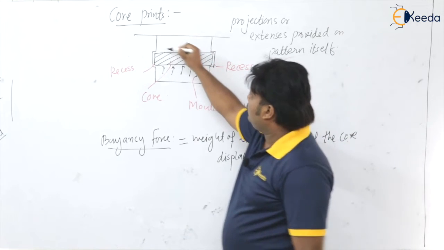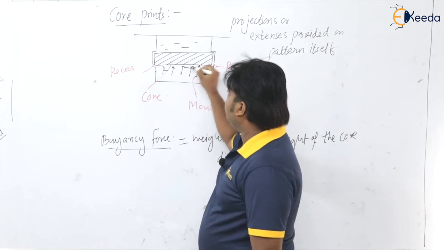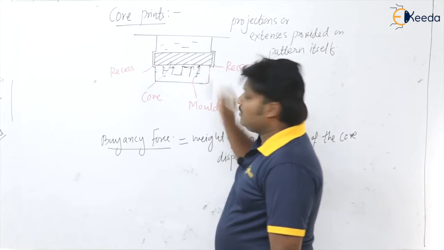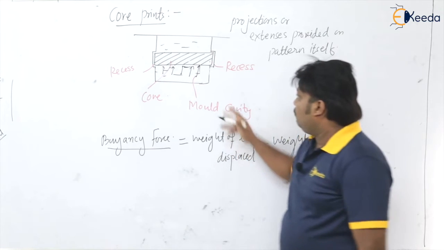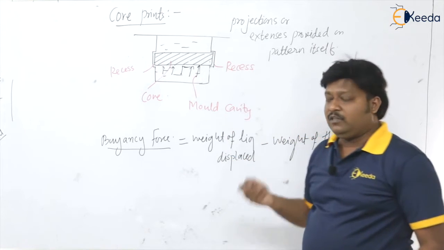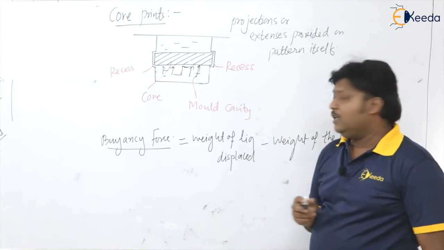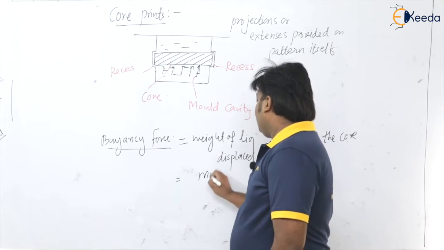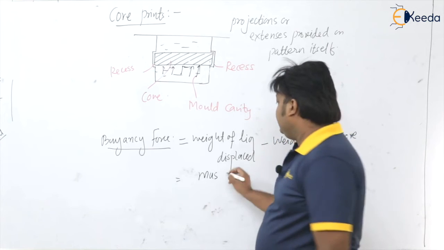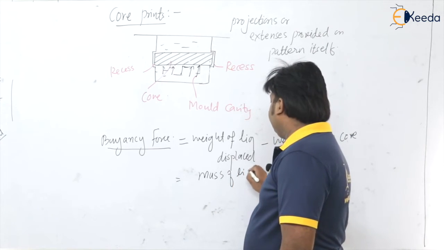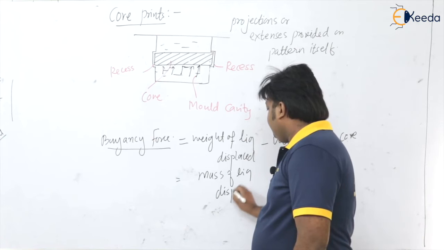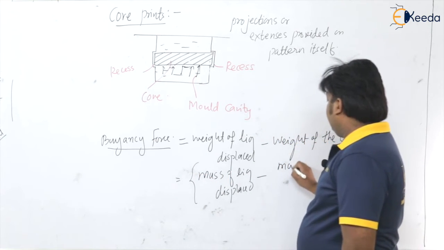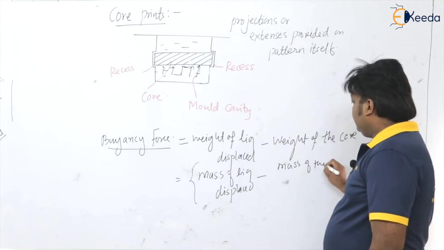See, this is the molten metal, which is giving the buoyancy force on this core, which can be calculated as weight of the molten material displaced minus weight of the core. Now you know weight is what? Mass into gravity. So mass of liquid displaced minus mass of the core.